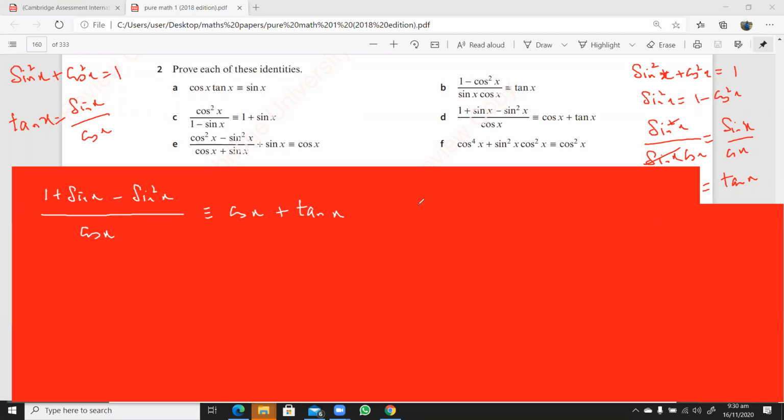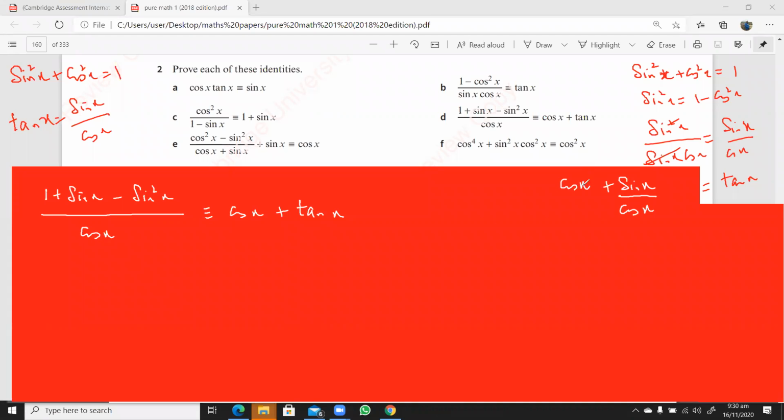Sometimes if you look at this right hand side carefully and try to just manipulate this a bit, it gives you a clue, an idea of how to go about this. Now look at this, there is cos x over here.